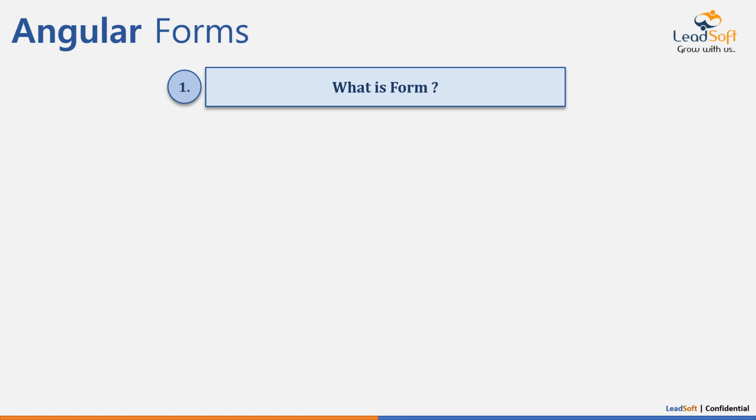If in your web application you want to take some user input, using forms and some input fields you can take that input easily, and the form plays a very important role in application development.